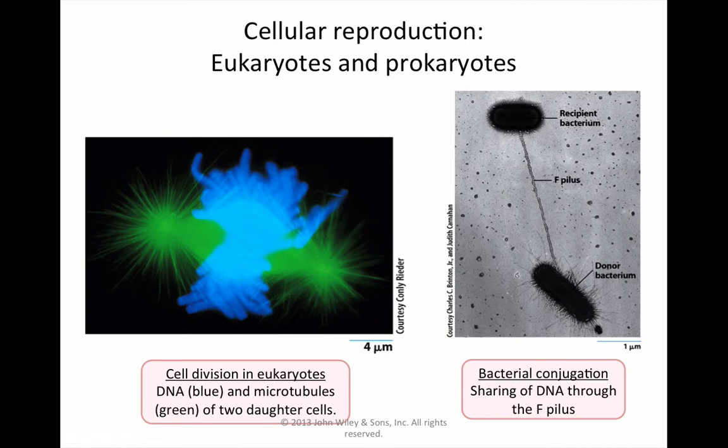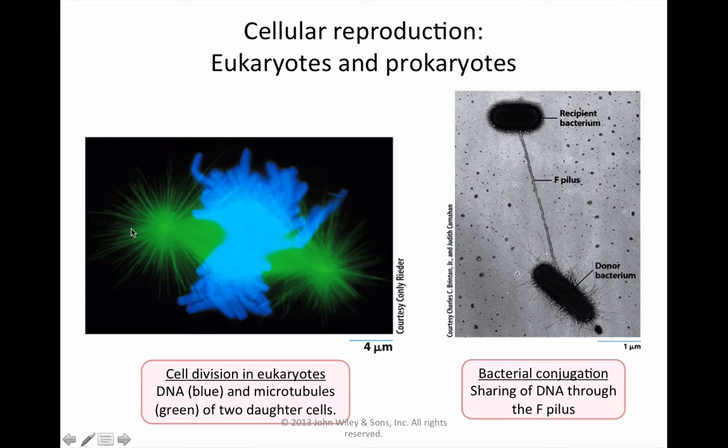One of the differences between prokaryotes and eukaryotes that we talked about was their cellular reproduction. So we just looked at some of the structural features that are different between prokaryotes and eukaryotes. And now when we look at cellular reproduction, we see that our eukaryotic cells here are going to actually divide by mitosis.